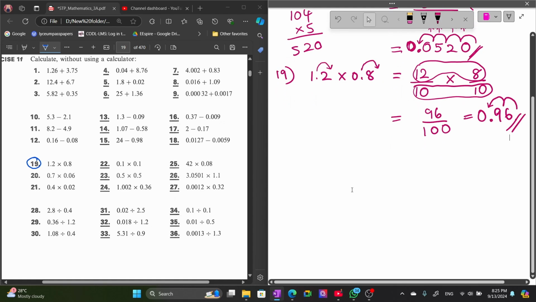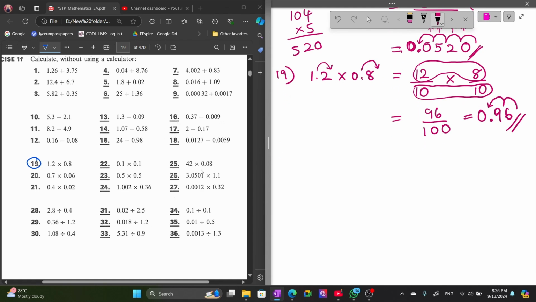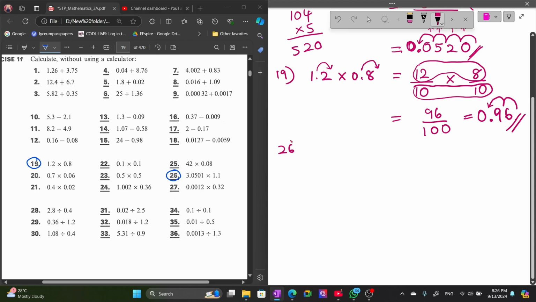Then I'll try another example. Let's take the 26th one. 3.0501 times 1.1. Similar steps, we have to make this fraction multiplication. We have to make this a whole number first.